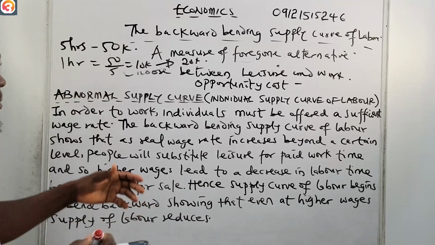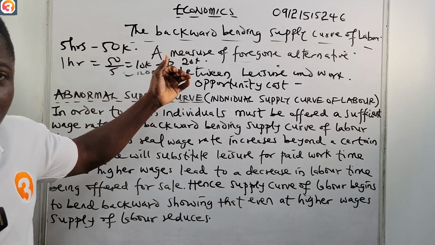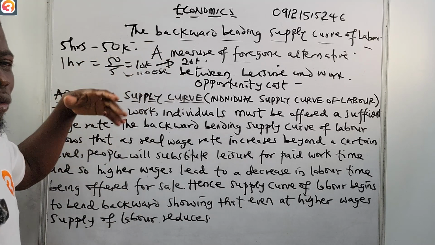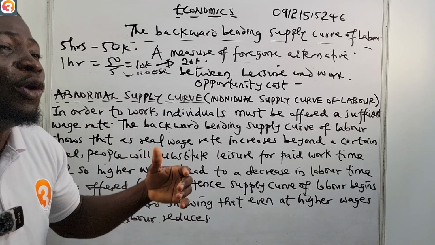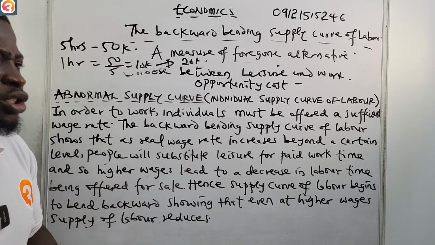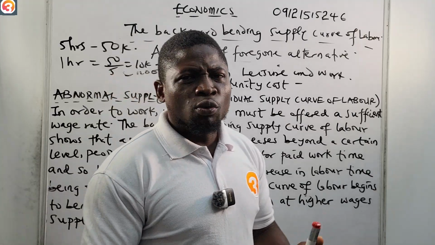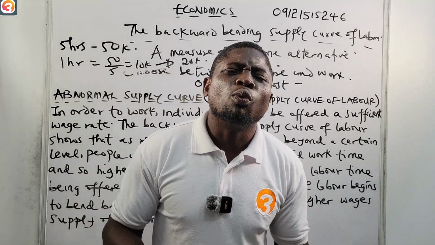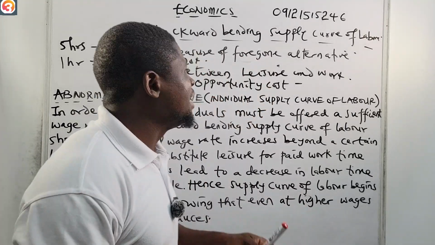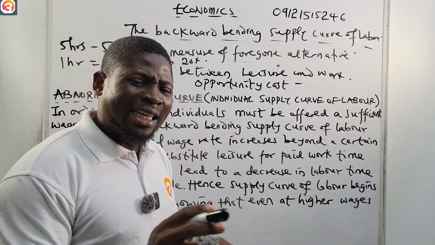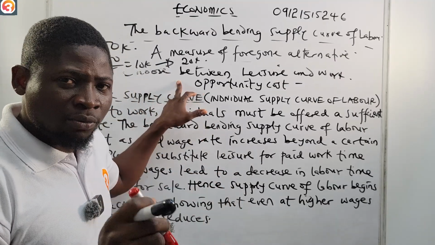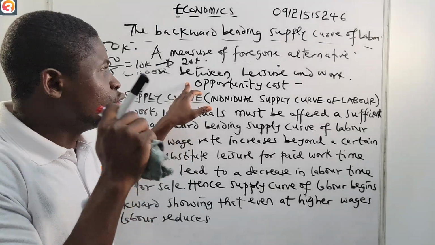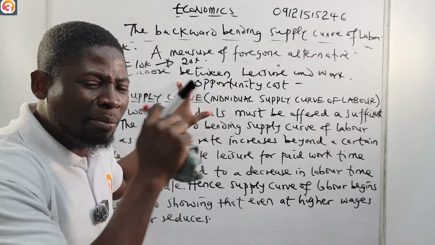So now the wage rate has been increased to 20,000 naira. You see a worker that wants to work 8 hours or over 10 hours so that he makes more money. But a time will come where the person will say, I don't want to work. Even if the wage rate keeps increasing, it gets to a point where the worker chooses leisure. He chooses to be with his family.